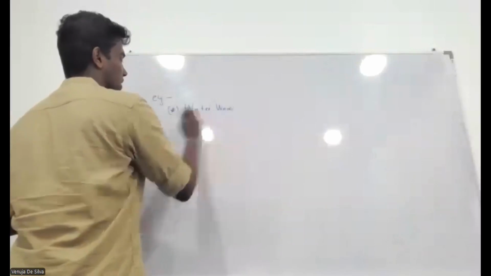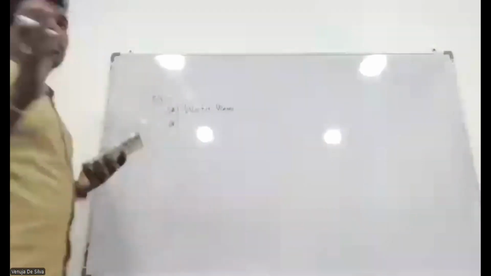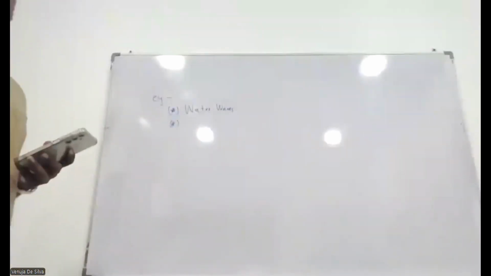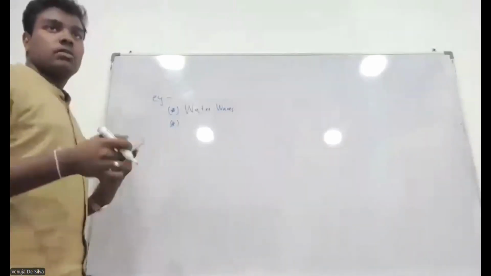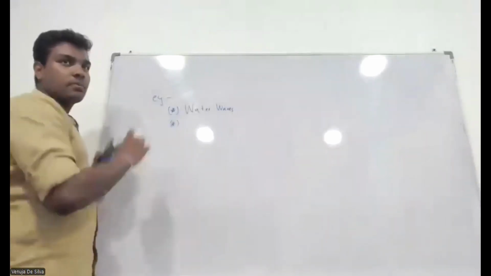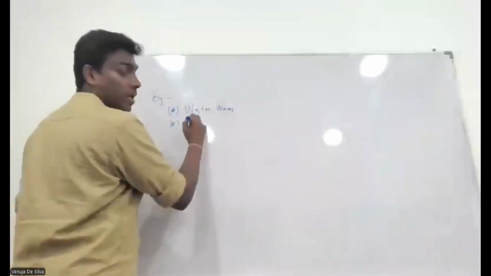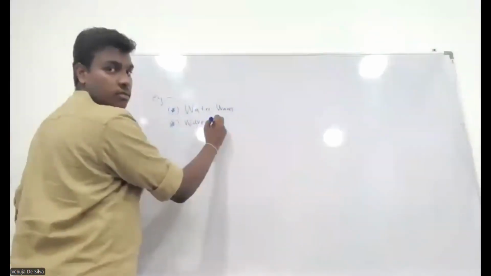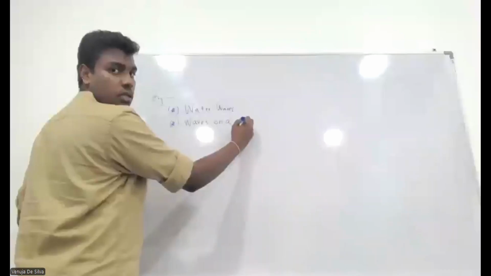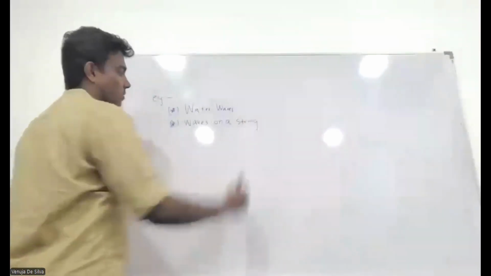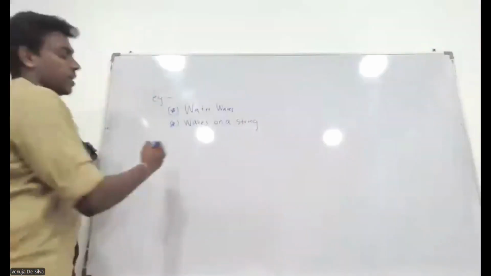Water waves are examples for transverse waves, real life examples. What about waves on a string? So it comes under waves on a string, right? Waves on a string. Okay, because there's a glare here, I'll just be writing it underneath now.